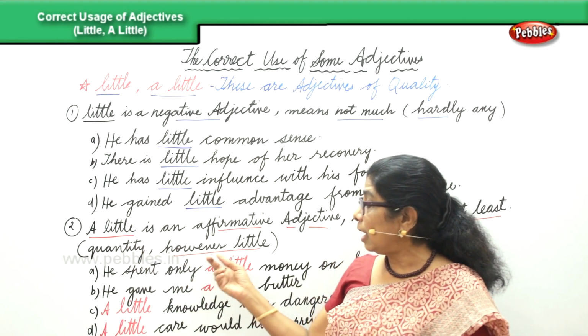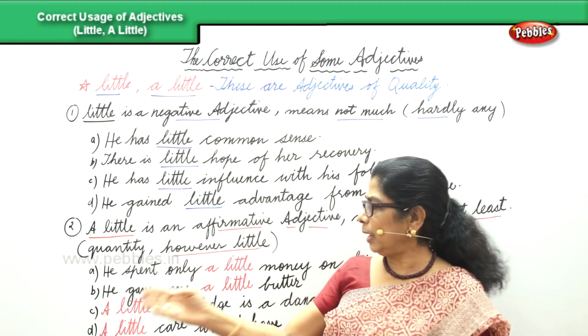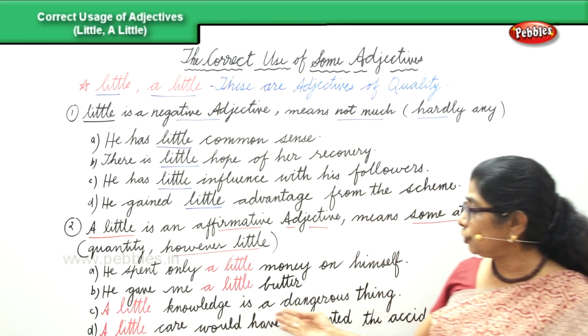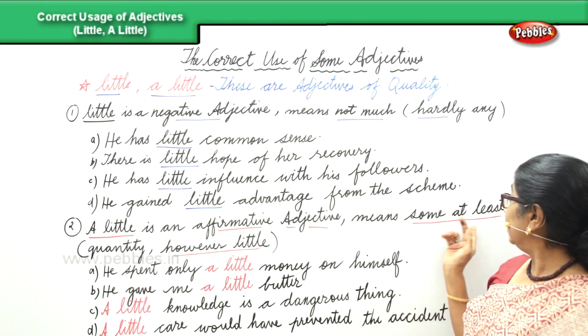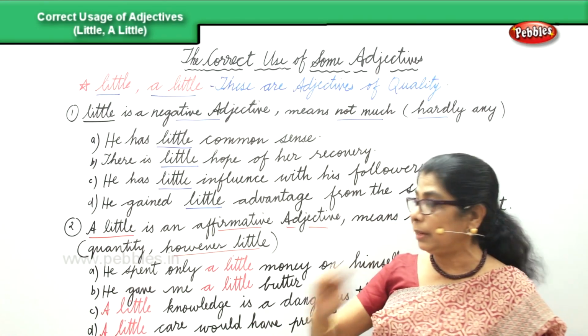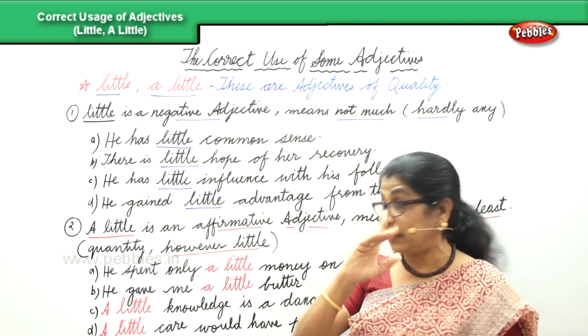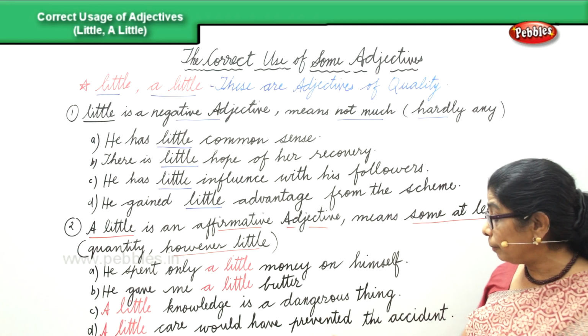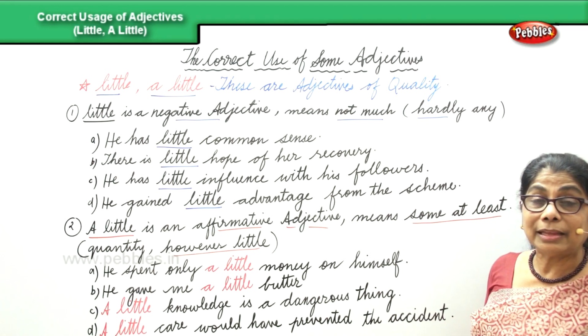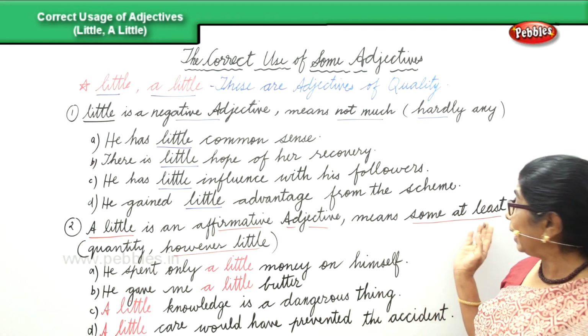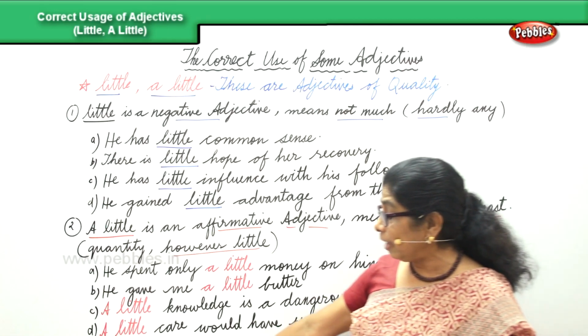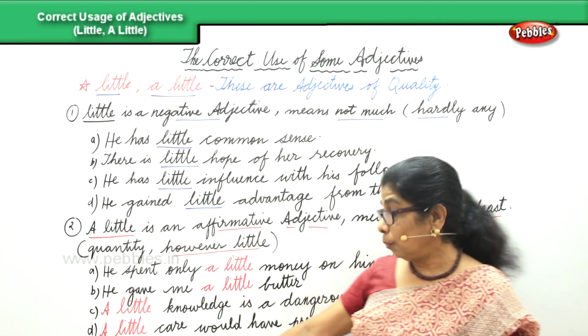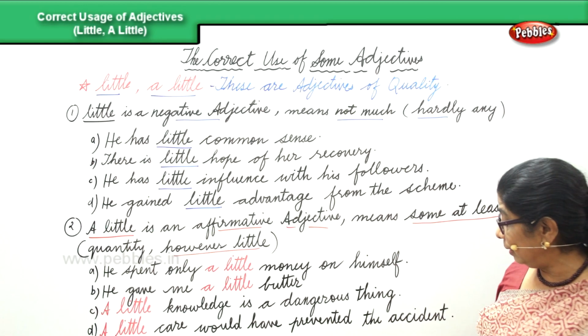Little butter means however little. Okay? A little knowledge is a dangerous thing. He's got some knowledge, a little bit, and is trying to show off. So that's very dangerous. Must be careful. A little care would have prevented the accident. That means some, at least, if he would have been careful, a little more care would have prevented the accident.